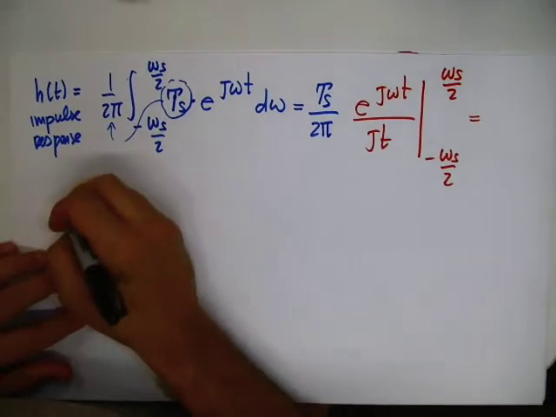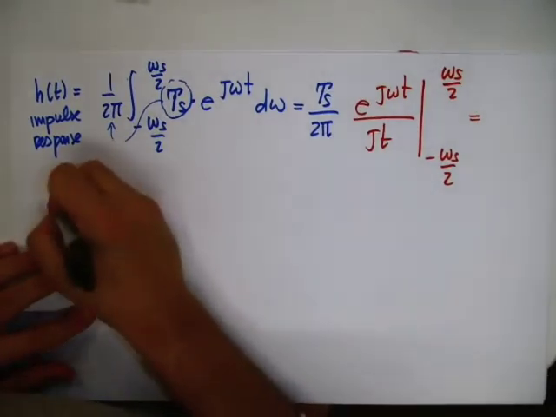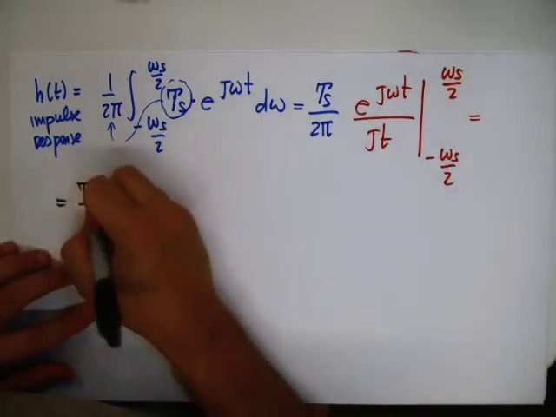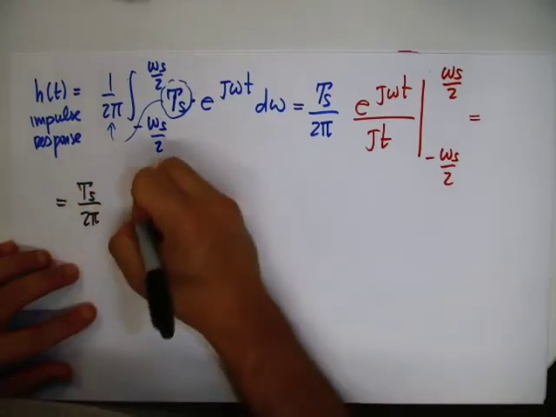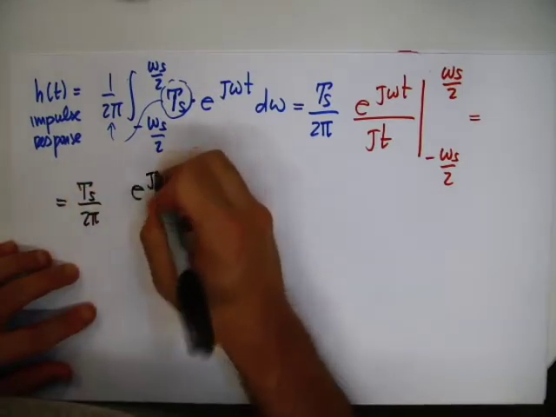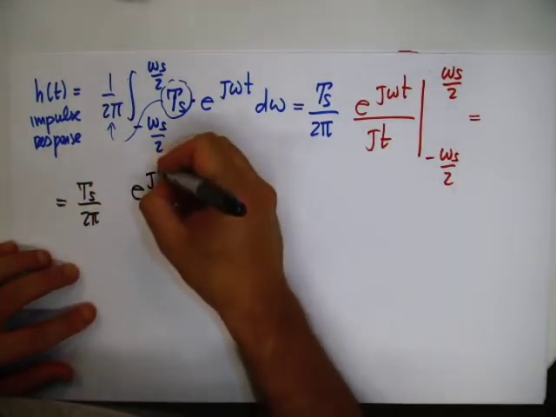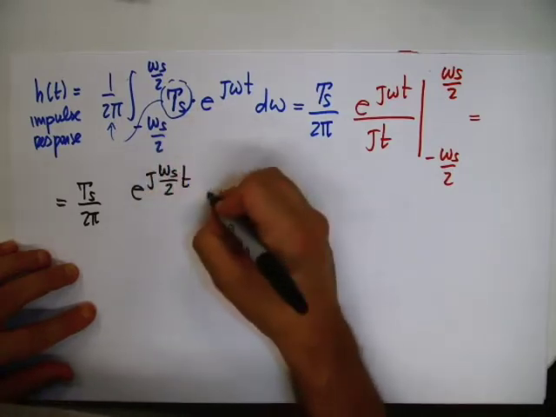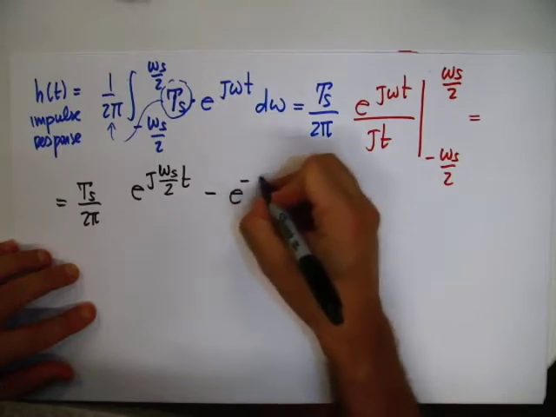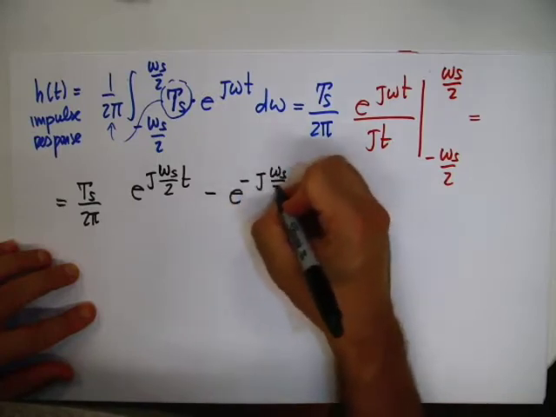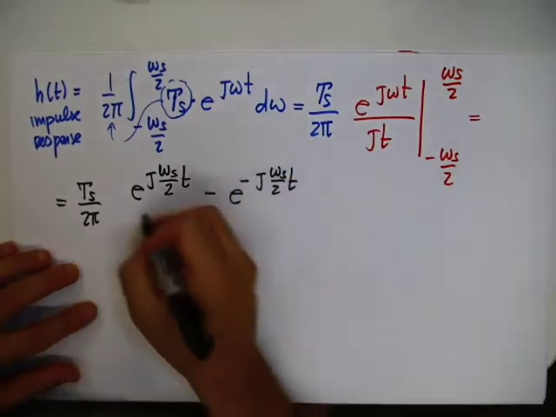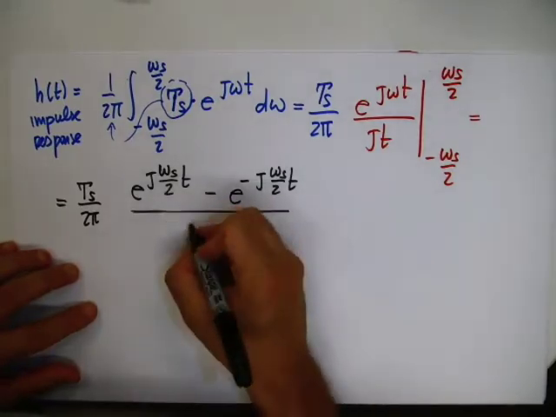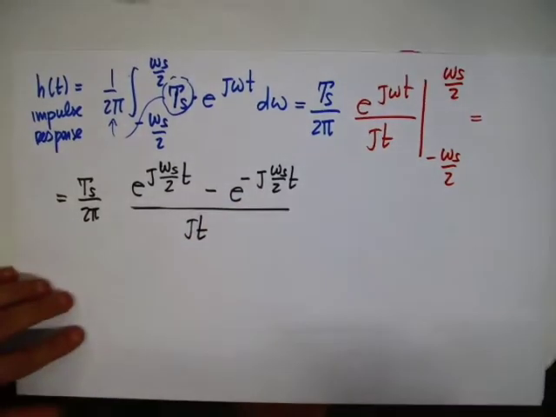It is equal to Ts divided by 2 pi times e to the j omega sub s divided by 2 times t minus e to the minus j omega sub s divided by 2 times t, divided by jt.